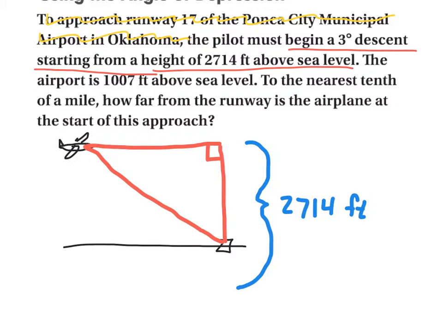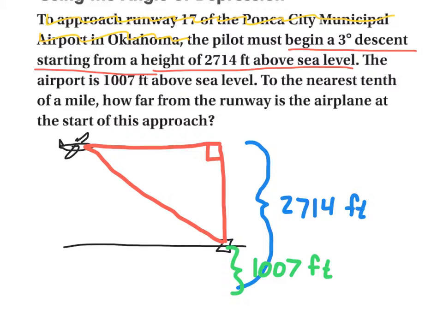But we know that this distance is 1,007. All right, because the airport is 1,007 feet above sea level, but the airplane is 2,714 feet above sea level.